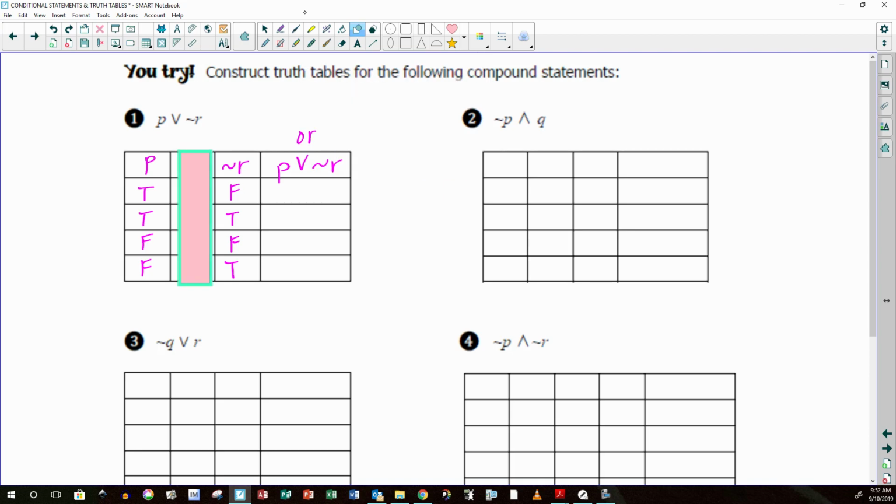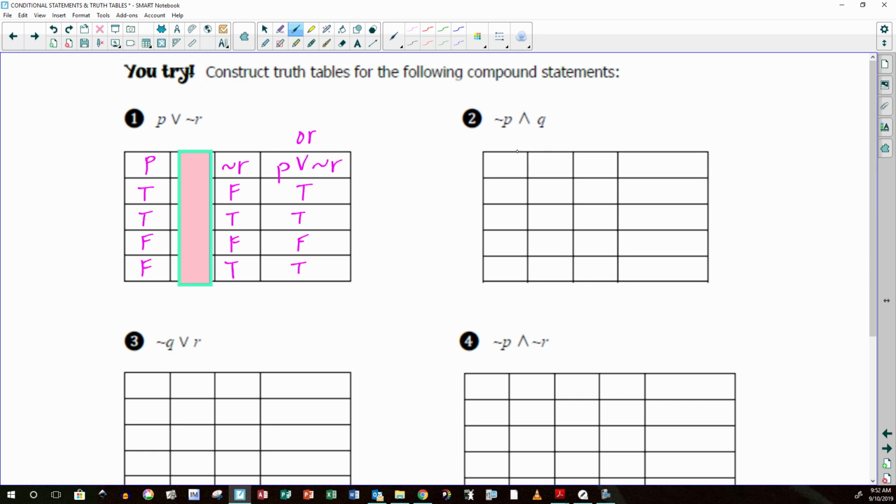So I'm just going to compare these. So true or false is true because I had a choice. True or true, false or false is false. False or true is true. Okay, so that's how those are going to work.